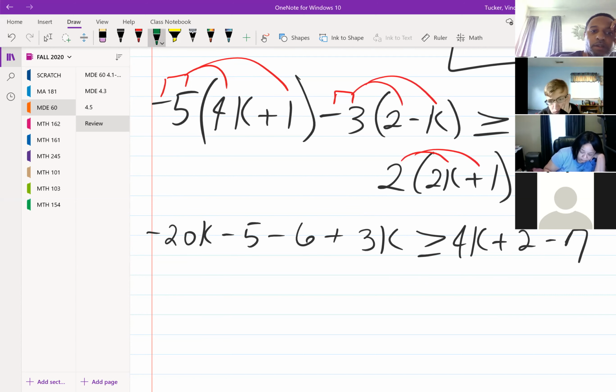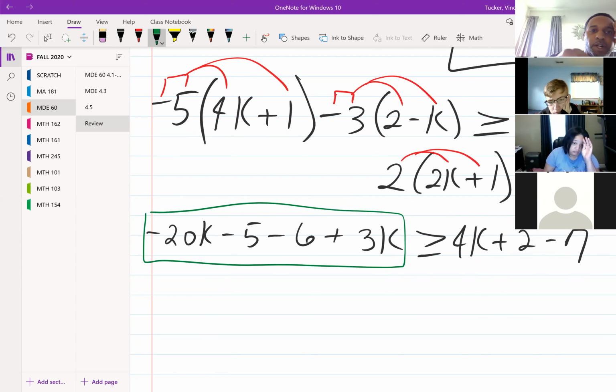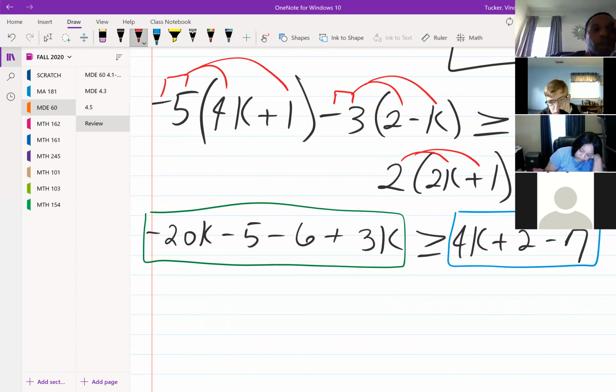Before I move anything across that inequality, I would simplify as much as possible on the left, simplify as much as possible on the right, before I move anything across that inequality symbol.